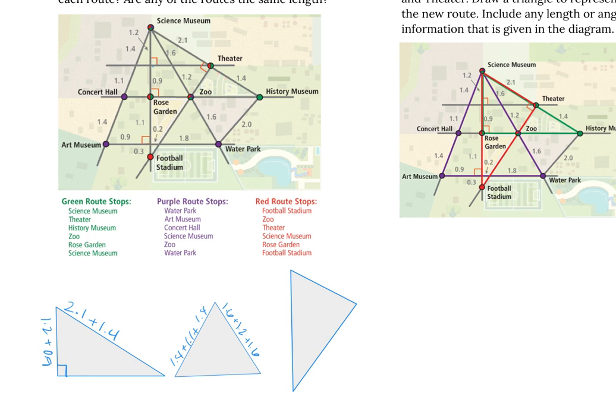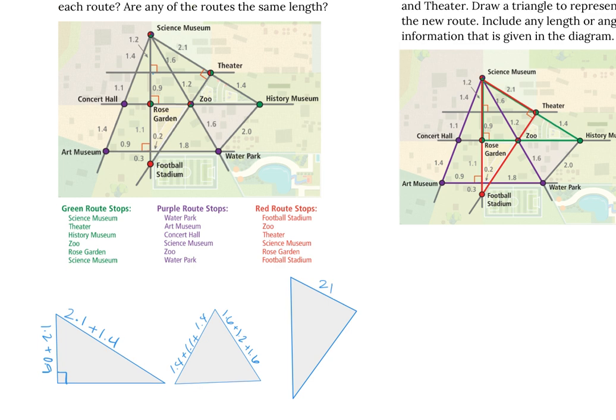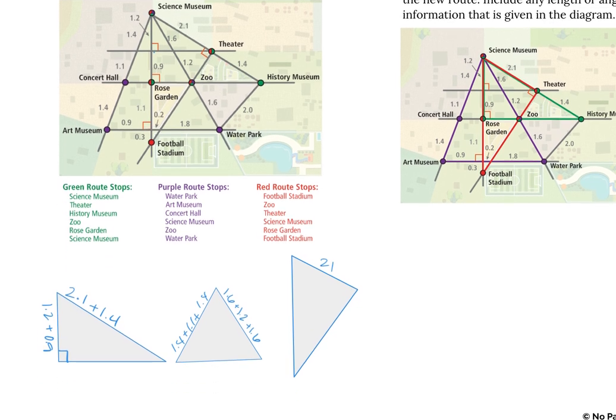So those measurements are 2.1, 1.2, missed a point there, 1.2 plus 0.9 plus 1.1 plus 0.3.